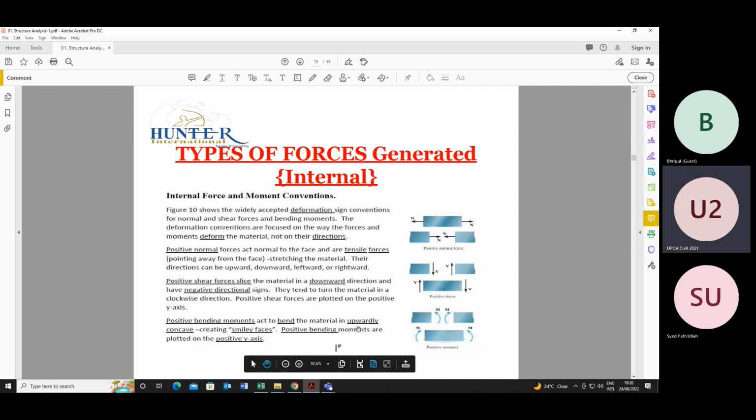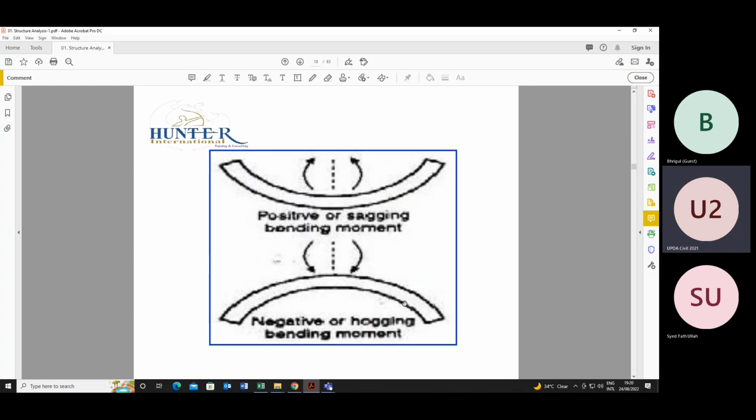Next, for the bending moment, we will see two things. First, is the bending moment causing sagging or hogging? Here you can see the bending moment is causing the member to turn into this shape, upward bending.